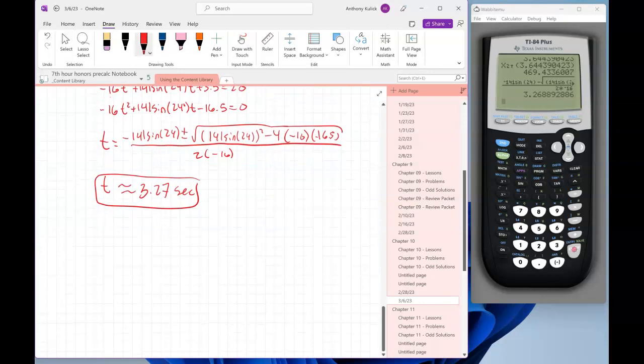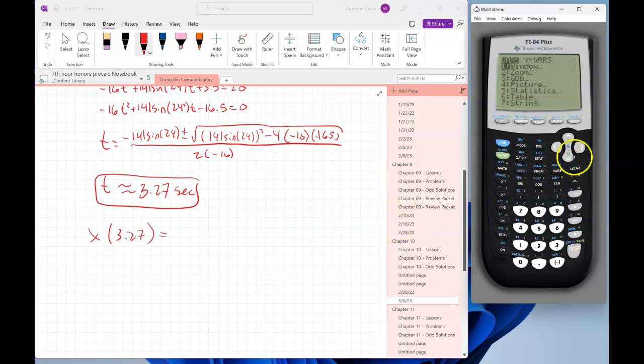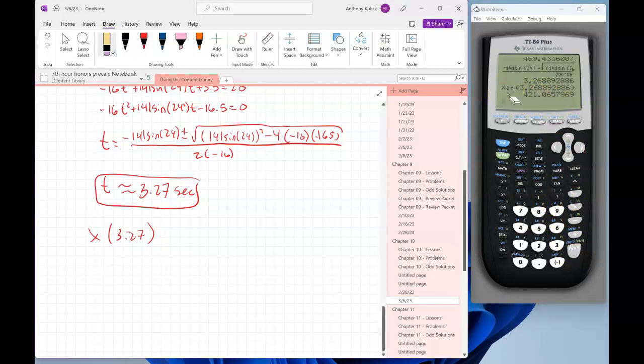Let's now plug that into y. I'm sorry, into x, and see what we get. Y vars function parametric x2 of that answer gives me 421.07.